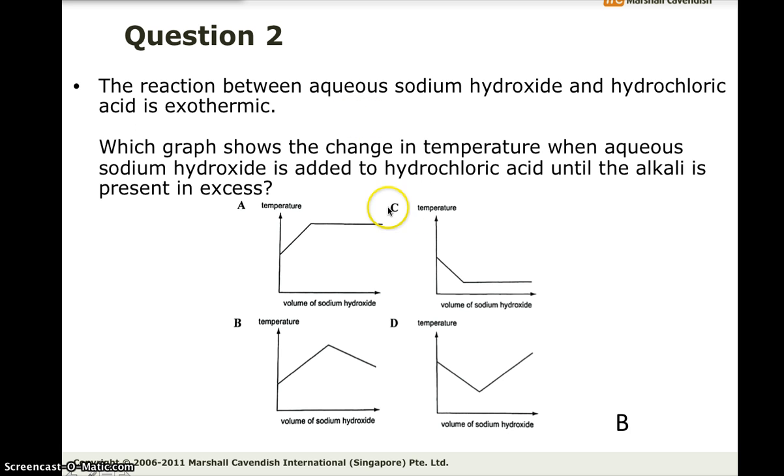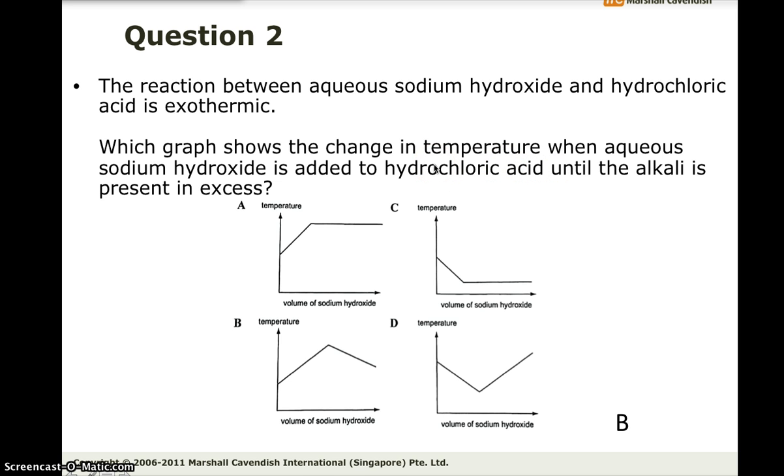Straight away you can eliminate options C and D. Since the reaction is exothermic, heat energy is released to the surrounding. Therefore, the temperature of the surrounding should increase. So it's either option A or option B. But A cannot be the answer because when all the hydrochloric acid has reacted, there is no more reaction.